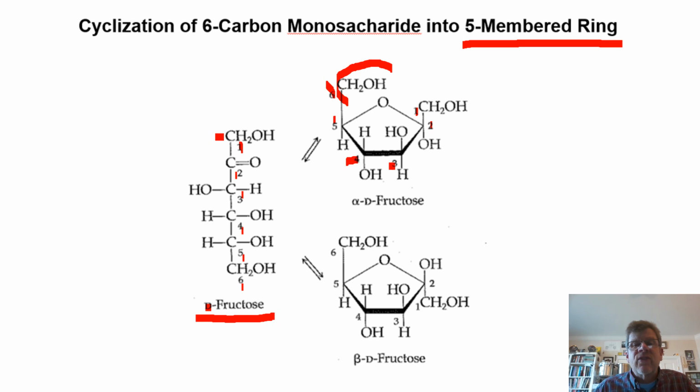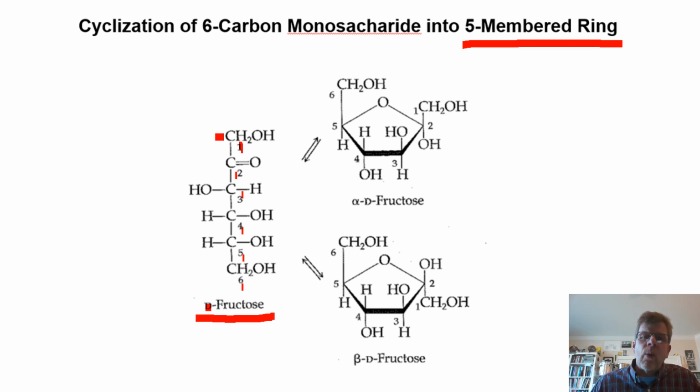This C6 flag up top is still waving in the breeze, but in a Haworth projection it's always on the carbon furthest from the left. Just a structural difference. Not that I'm going to have you specifically drawing these from scratch either.